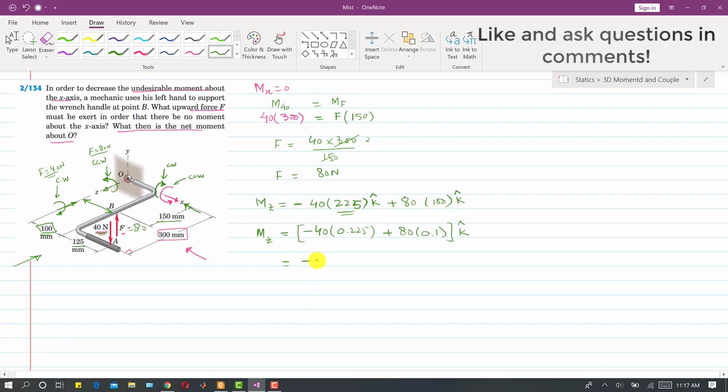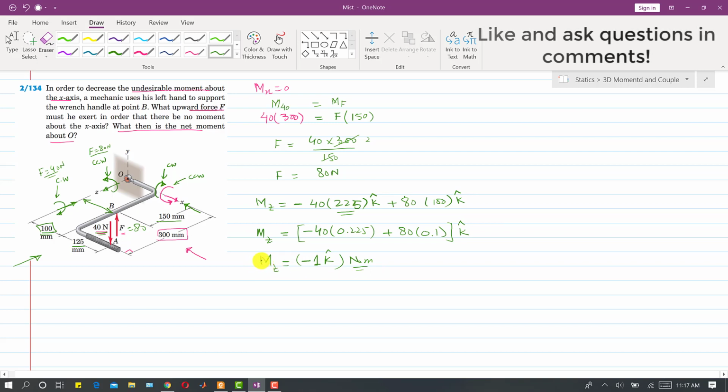When we solve this, it comes out to be minus 1 K, and the units are Newton meters. So the resulting moment is in the negative Z direction, which means that the moment will be clockwise.